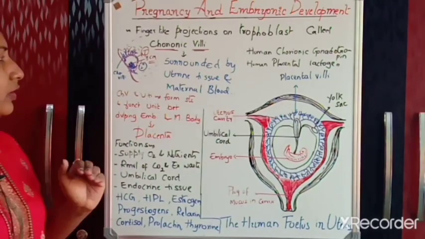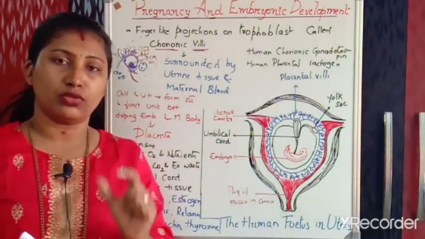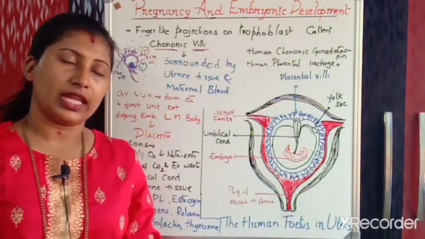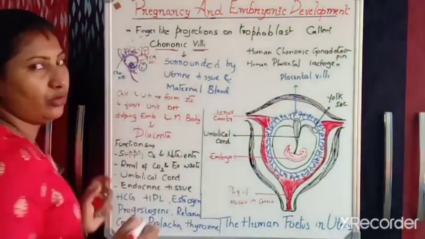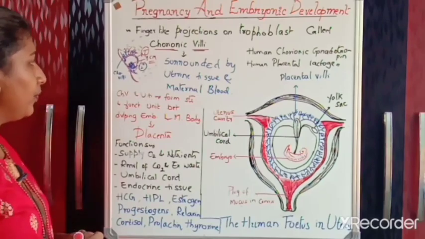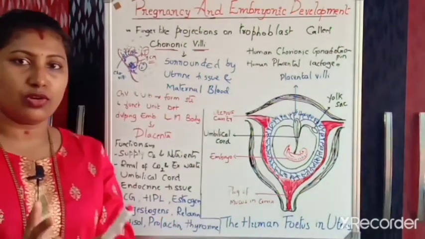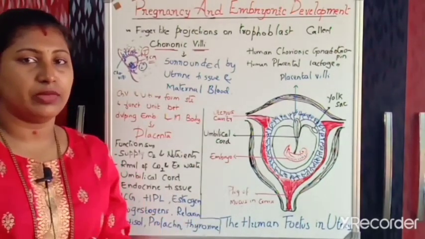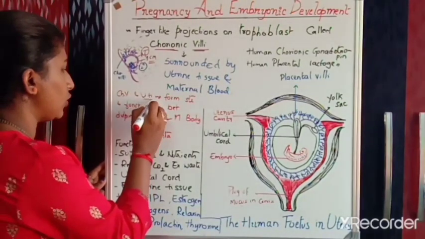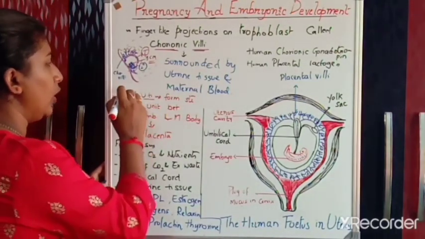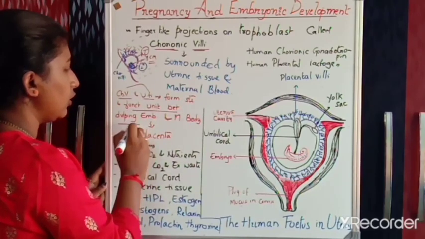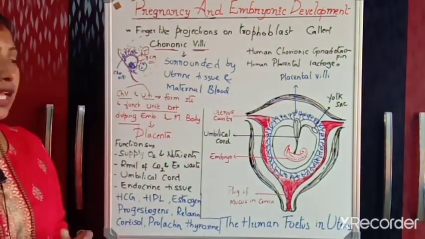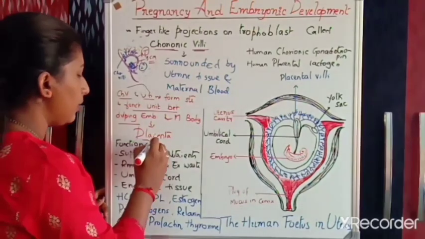Now you can say that chorionic villi connect the trophoblast to the endometrium. Agree, all of you? Okay, so this overall picture, the aggregation between uterine tissue and chorionic villi, forms the functional and structural unit of a developing embryo, which is called the placenta.